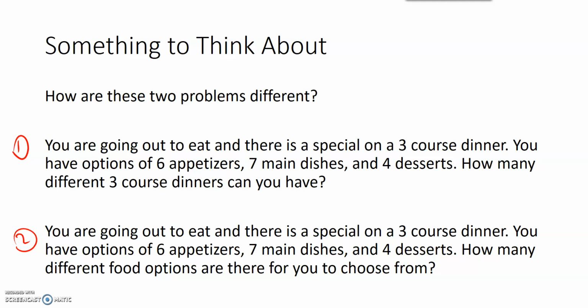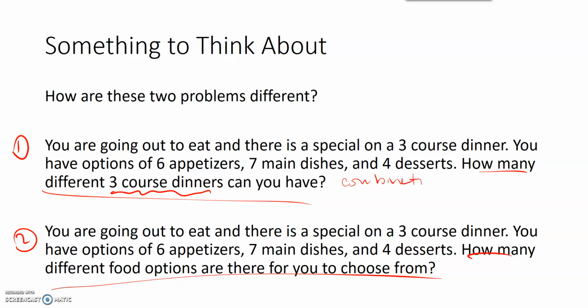Okay, so the difference happens in our question here. They're both how many, they're both going to be number answers, but question 1 says how many different 3-course dinners can you have? So this is looking at the combination of an appetizer, a main dish, and a dessert, putting them all together.